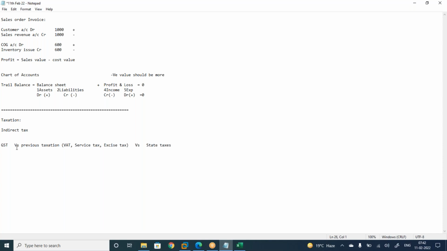All these are indirect taxes. What is direct tax? I will discuss with you later. So this is from 2016 onwards, and this is between 2002 to 2016, and earlier, before the year 2002, this is the taxation: state taxes.